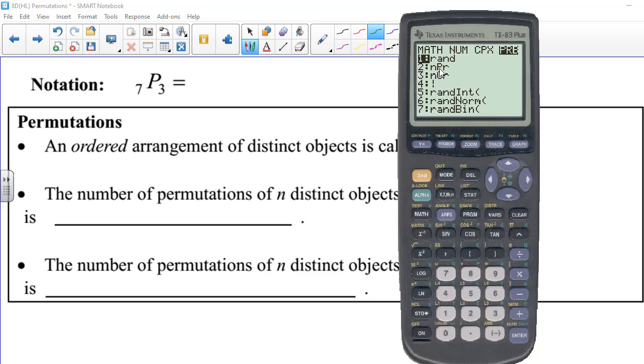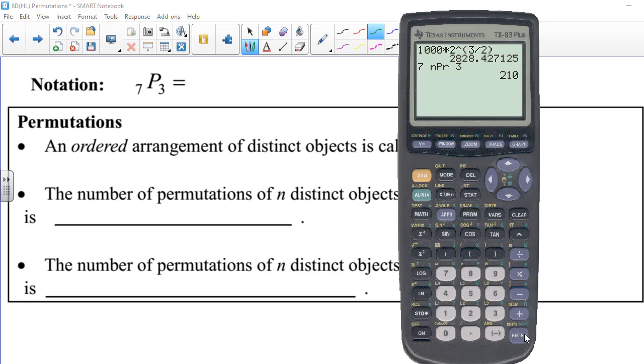It's called nPr. So n is the number in front of P. r is the number after the letter P. So I need to put the n value in. Let's put a 7 in, then go to Math, Probability section, Function 2, and put the r value in.